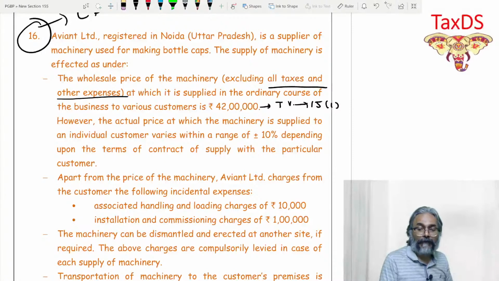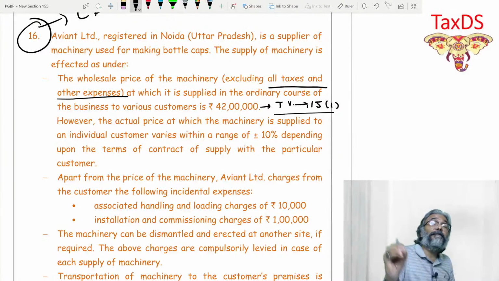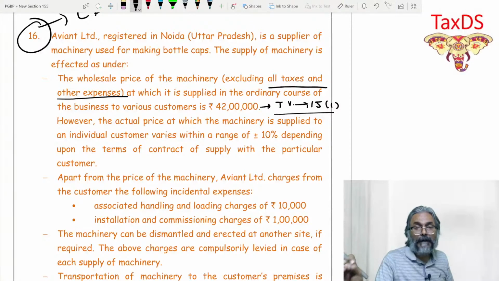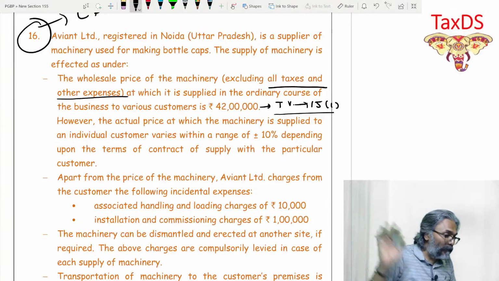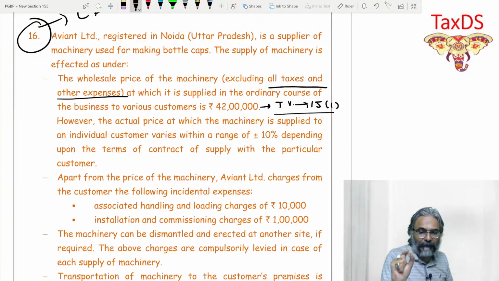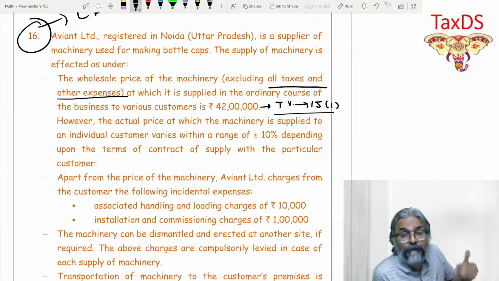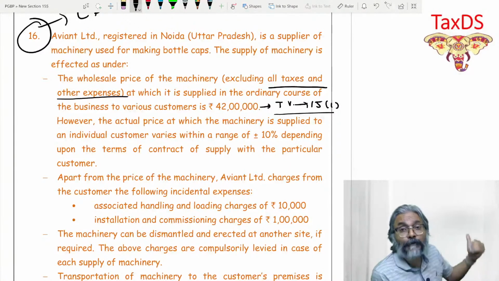Is this my transaction value? Yes, this is the price which is paid or payable to an unrelated party, and the price is the sole consideration. Yes, I can say that. So this is 15.1, 42 lakh. So this has to be given as your first note. 15.1 has to be your first note.